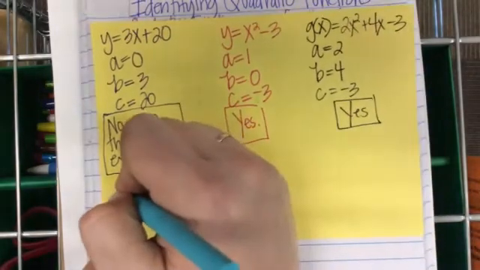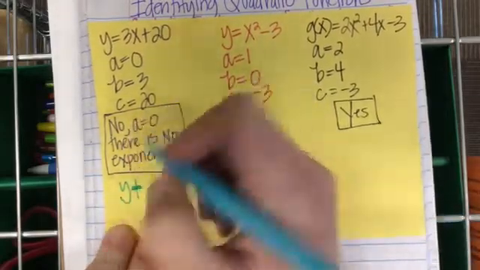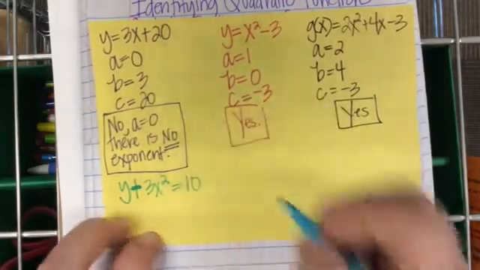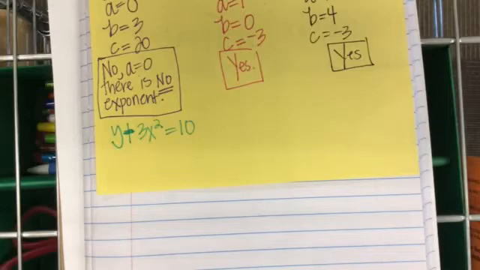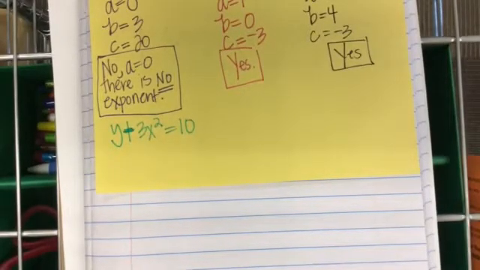Okay, so let's try this. Y plus 3x squared equals 10. Y plus 3x squared. A red flag is showing up in my head. Okay. Hold on. Let other people see if their red flag shows up.